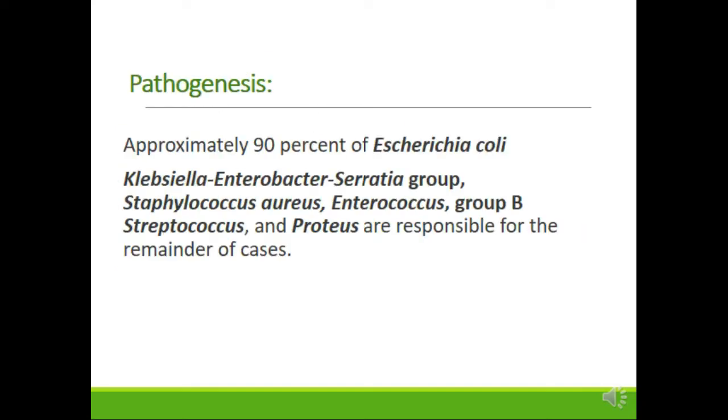Pathogenesis of asymptomatic bacteriuria. Approximately 90% of those patients are infected with E. coli, and other microorganisms such as Klebsiella, Enterobacter, Serratia group, Staphylococcus aureus, Enterococcus, group B Streptococcus and Proteus are responsible for the remainder.